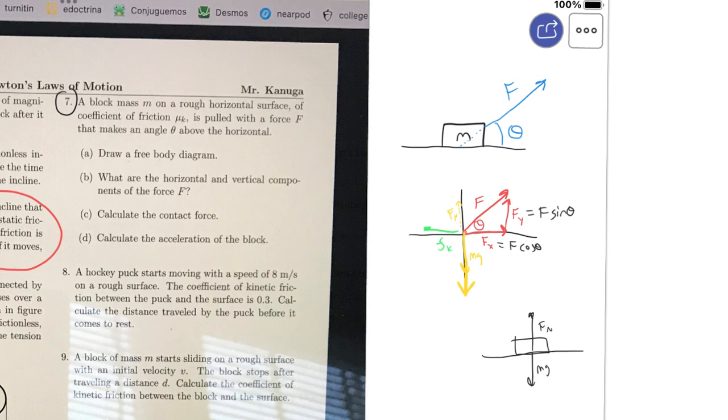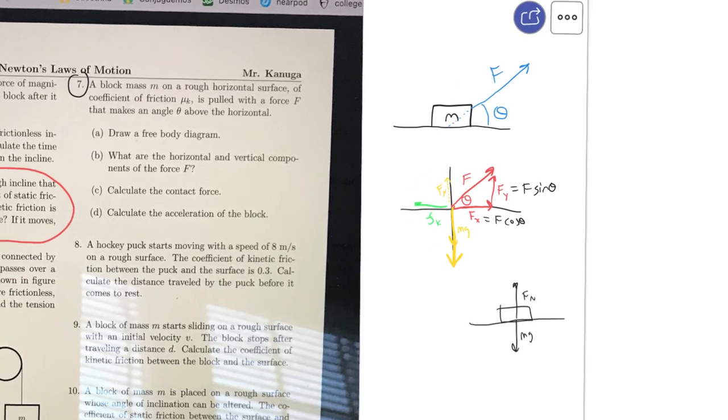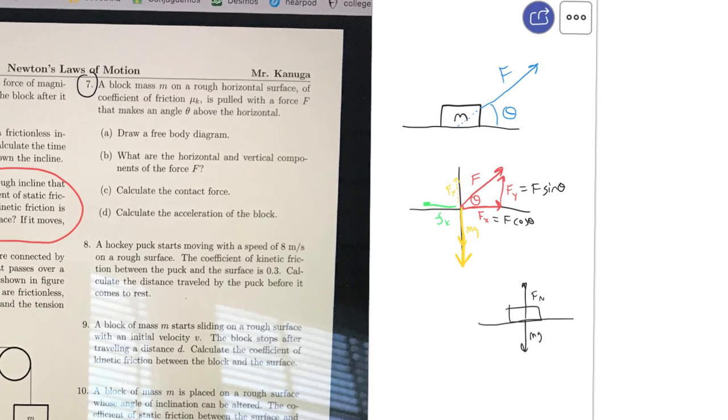So my previous insight applies, where I had already told you that this weight of the box is going to equal this vector plus this vector when you add them together.